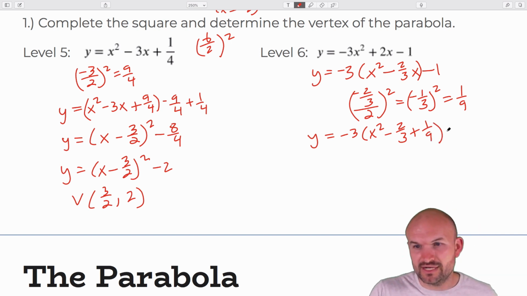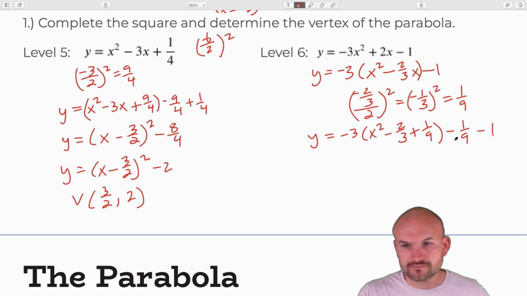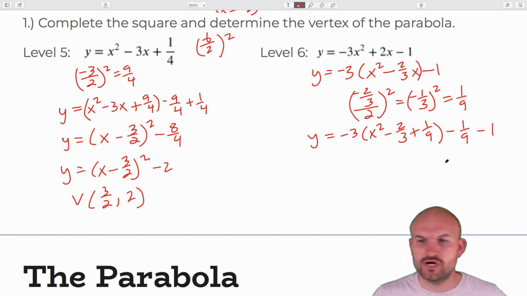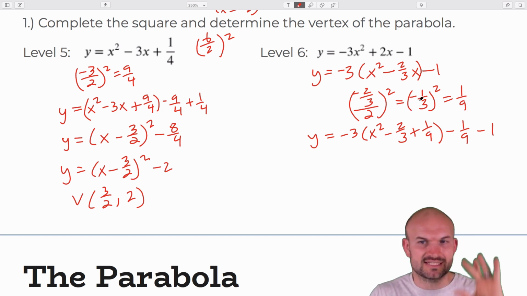And then I'm going to want to subtract 1/9 and then minus 1. All right, so in this case, again, it's just going to be my b divided by 2, which is going to be a negative 1/3. And again, makes sense. Does negative 1/3 times negative 1/3 give you 1/9? Yes. Does negative 1/3 plus negative 1/3 give you negative 2/3? Yes.